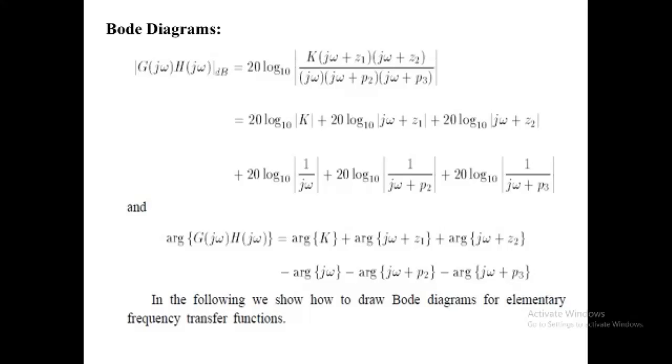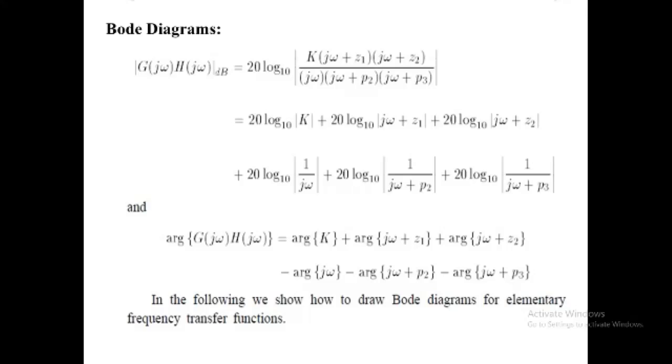Also, by expressing the magnitude of the open loop transfer function in decibel, the magnitude of G(jω)H(jω) is obtained by adding the magnitudes of the elementary frequency transfer functions.